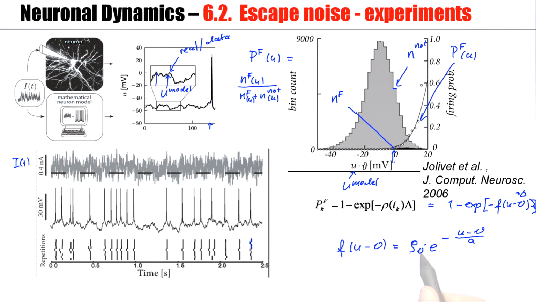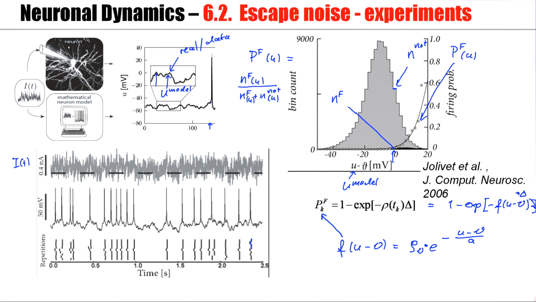And there would be a rate constant in front. This is a fixed parameter that characterizes the firing rate at the threshold, if u is equal to theta. Now, if we use this exponential function f in this discrete time formula PF, then we get this solid line.